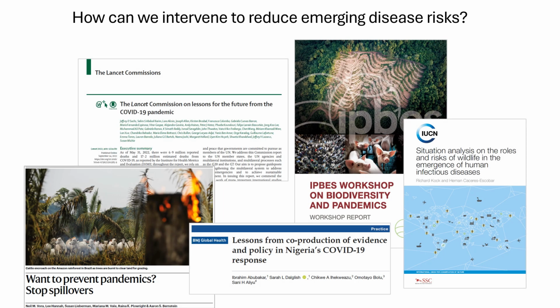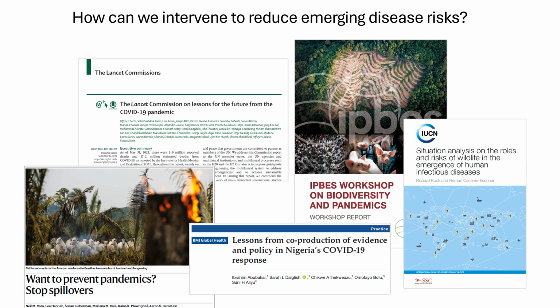There's been a suite of reports commissioned and published following the pandemic that have reflected on lessons from the pandemic and what we could bring forward to the future, including reflecting on what worked and what didn't, both in terms of health response and also some of the discussions that ecologists have brought to the table around COVID origins, and also proposing the potential role of nature-based interventions, so interventions at the level of ecosystems that might help to reduce the emergence of pathogens like COVID-19.